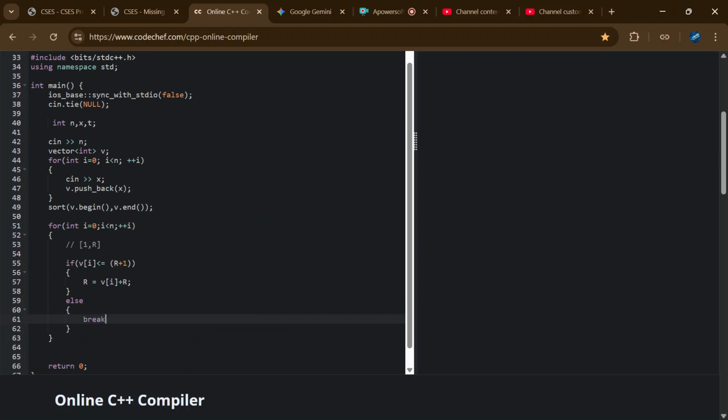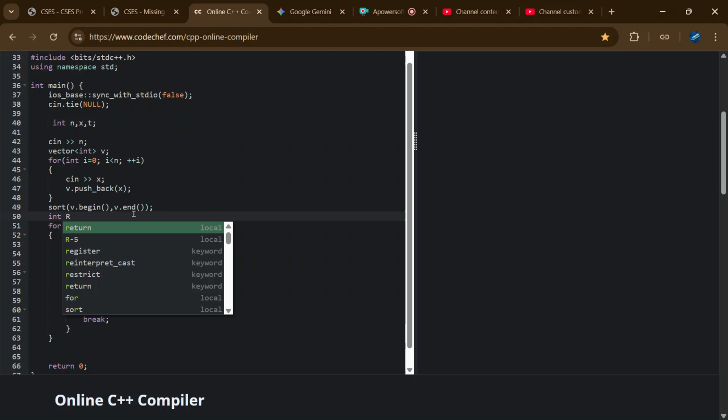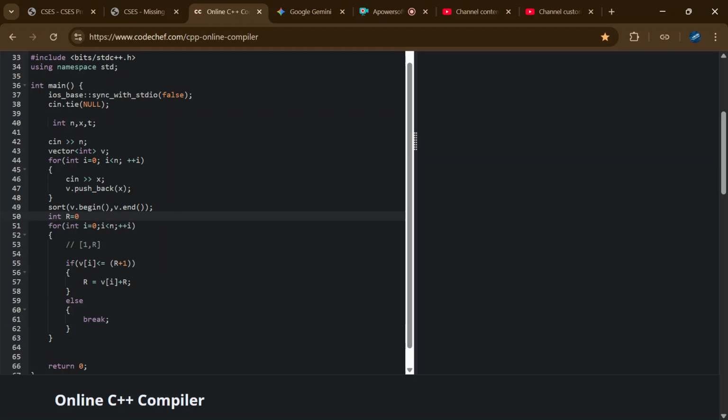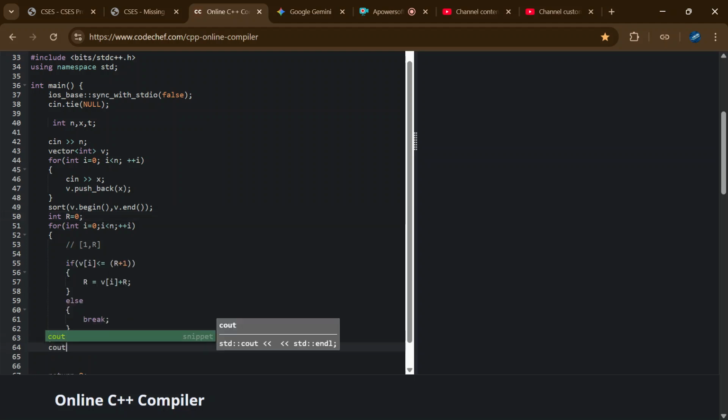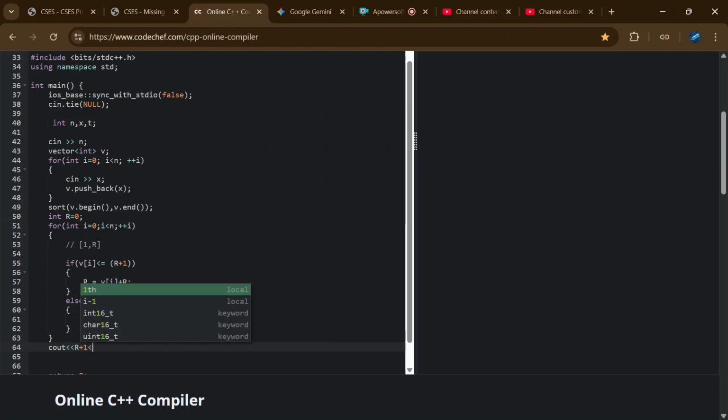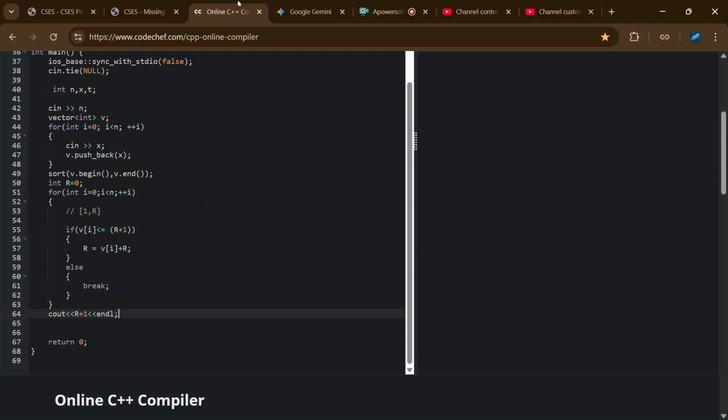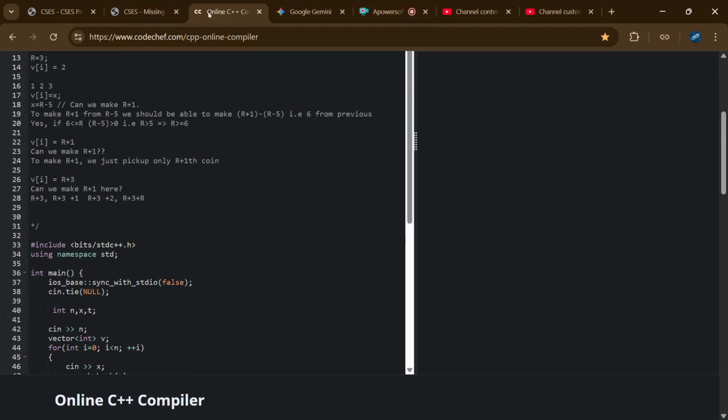And let me put int r as 0, and we print cout r plus 1. Let me compile this.